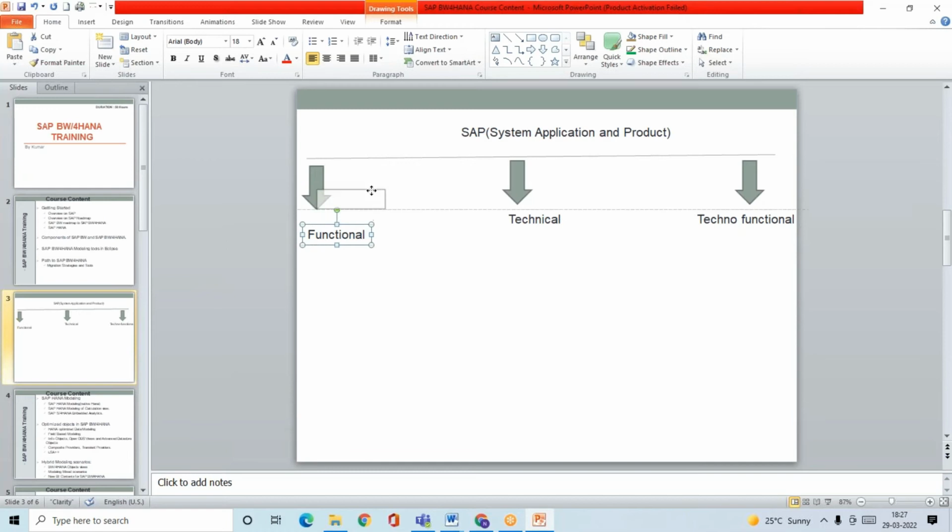When you say functional, what are the different functional modules you have?